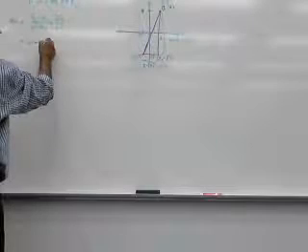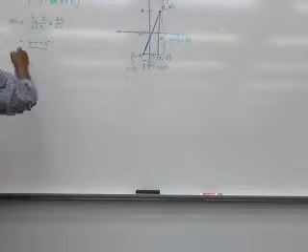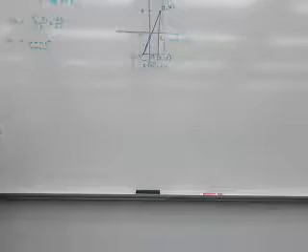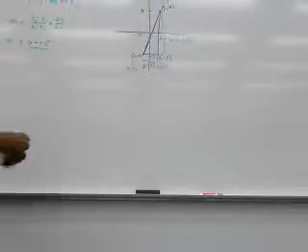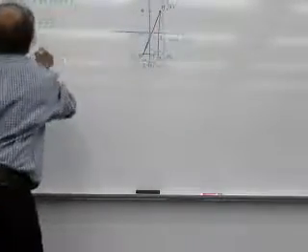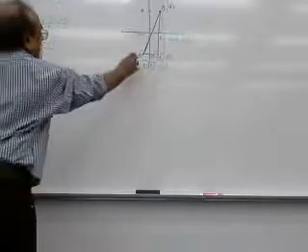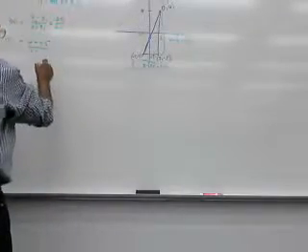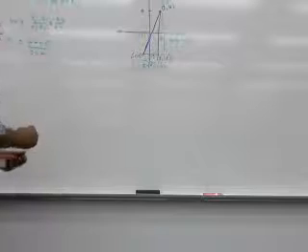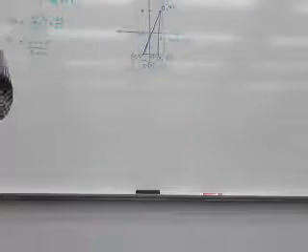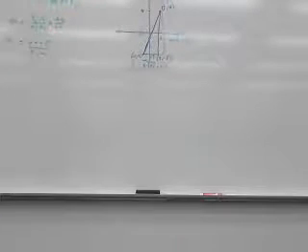So it will be minus negative 5 using the formula. And for the change in x, it will be x sub 2 here is 2 minus x sub 1, which is minus 1. And if we simplify this now, we'll get the slope of that line.